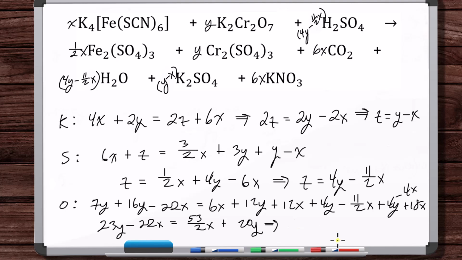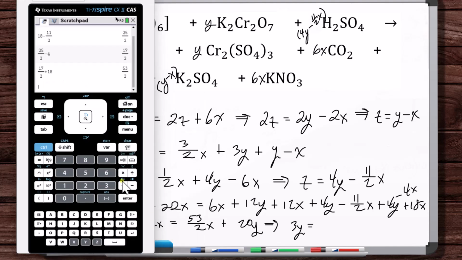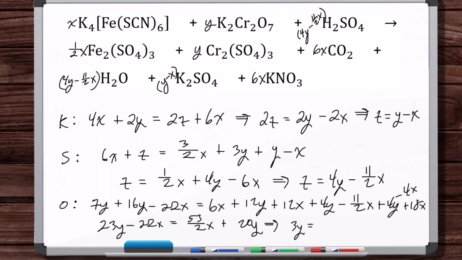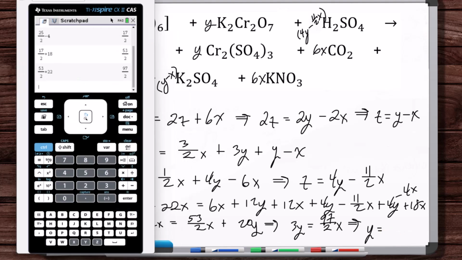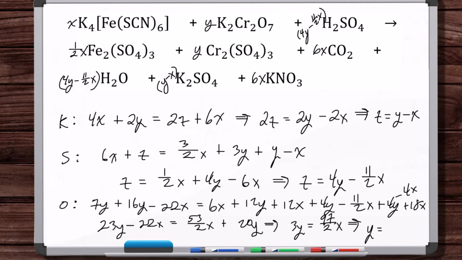So subtract 20 from both sides. You've got 3Y, and then 53 over 2 plus 22, which is 97 over 2. So Y is equal to, divide this by 3, 97 over 6 X.